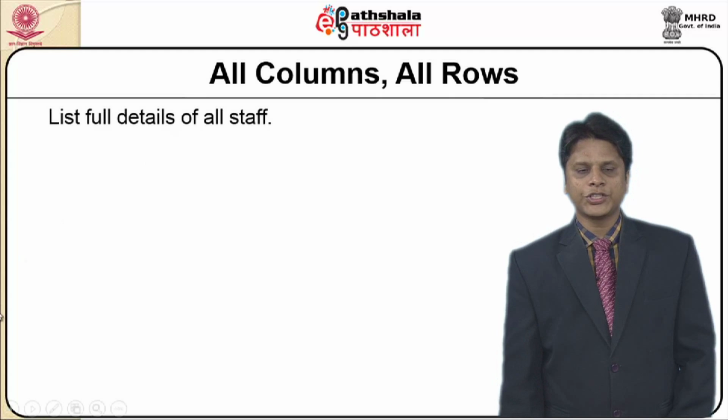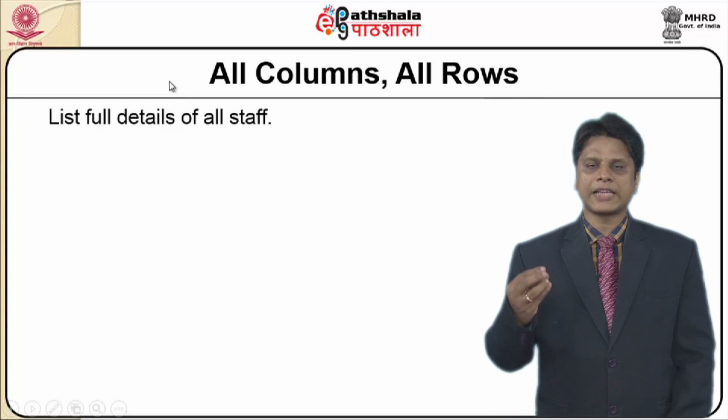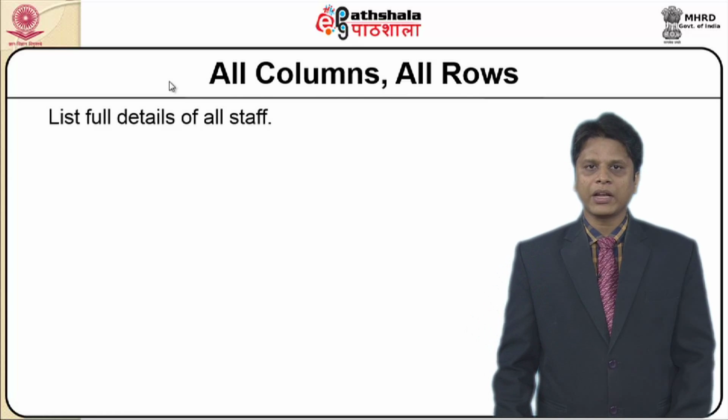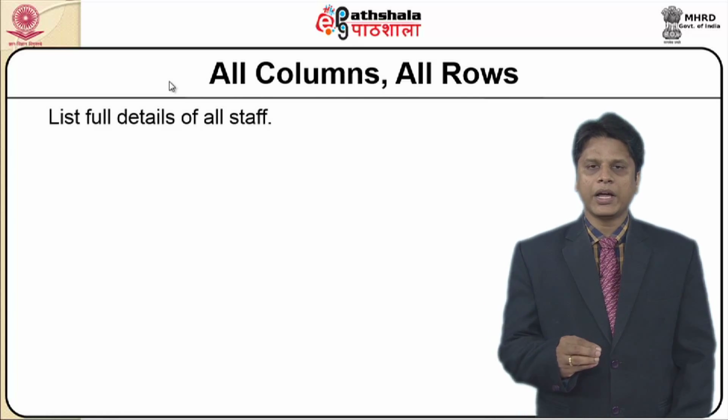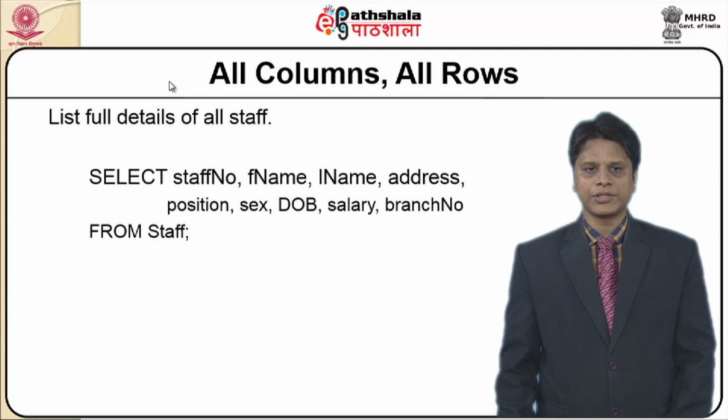Initially some person can ask me to list from a table the complete details of all the staff who are working for a company. For this I require the complete details of the staff database.